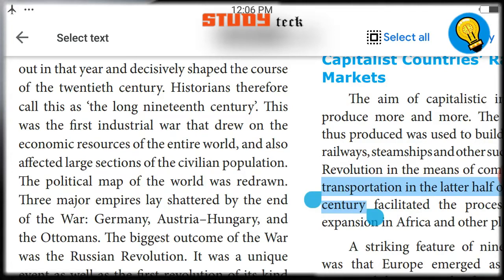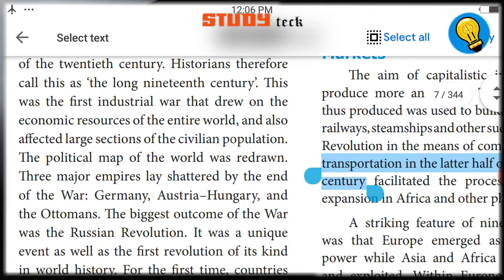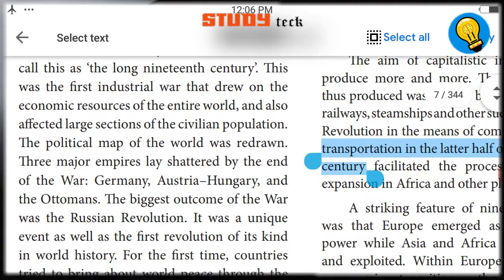This was the first industrial war that drew on the economic resources of the entire world and also affected large sections of the civilian population. First industrial war means the economic resources of the entire world were destroyed. That also affected a large section of the civilian population.